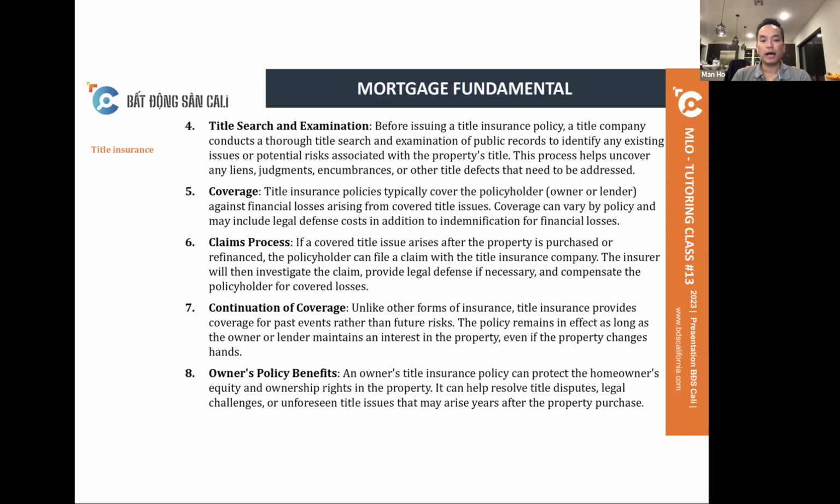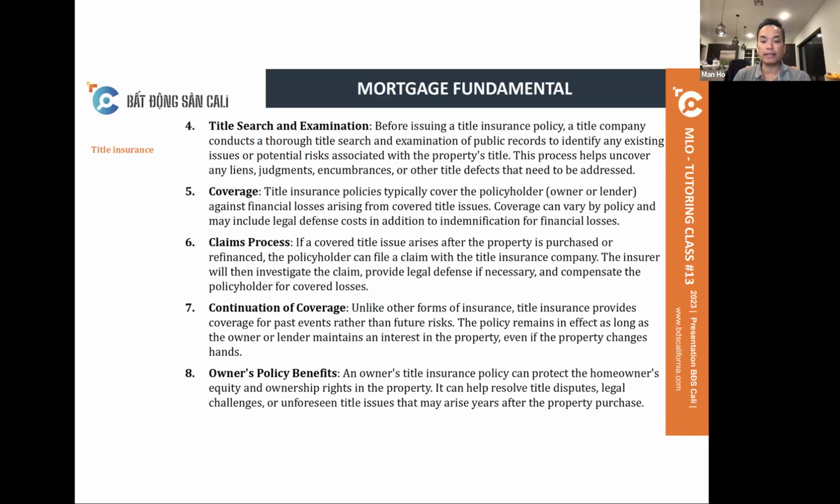Continuation of coverage. Unlike other forms of insurance, title insurance provides coverage for past events, right? Anything from like 15, 20 years, 30 years ago, okay? Past events rather than future risk, meaning that if something happens in the future, you don't even know, okay?